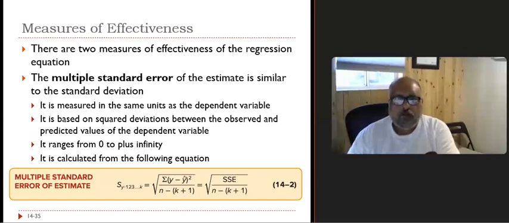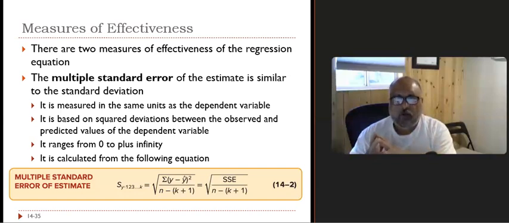One key measure is the multiple standard error of the estimate. It's similar to standard deviation. It measures the variation of the actual values from the predicted values. How do we interpret it? Smaller values of the multiple standard error of the estimate indicate a better fit.